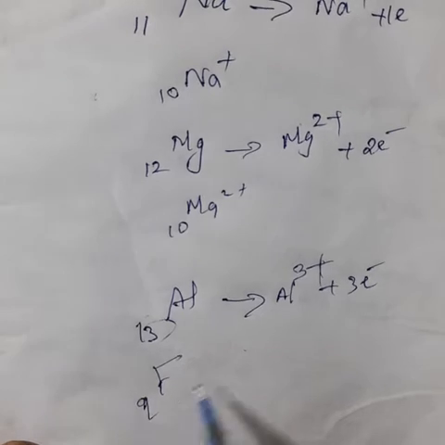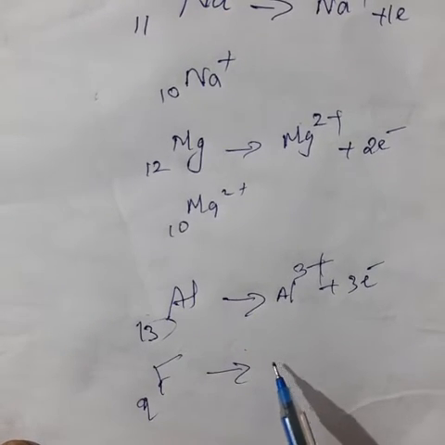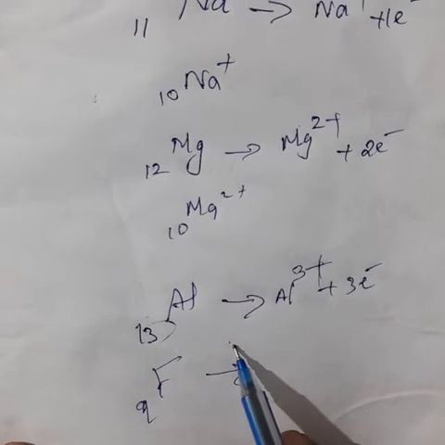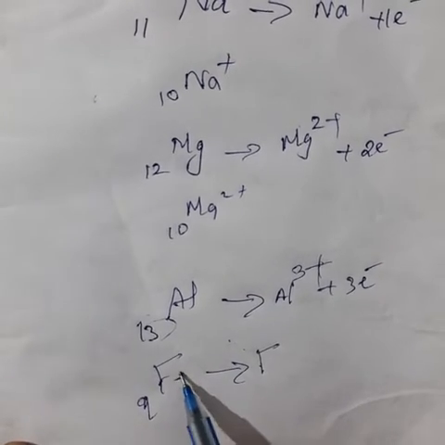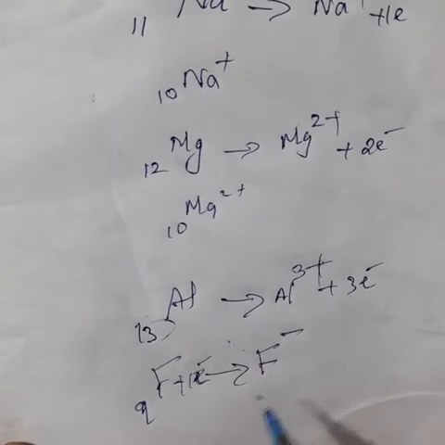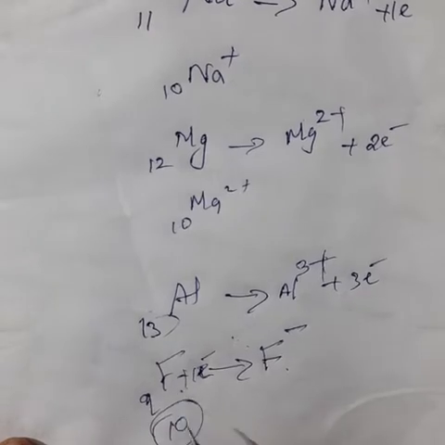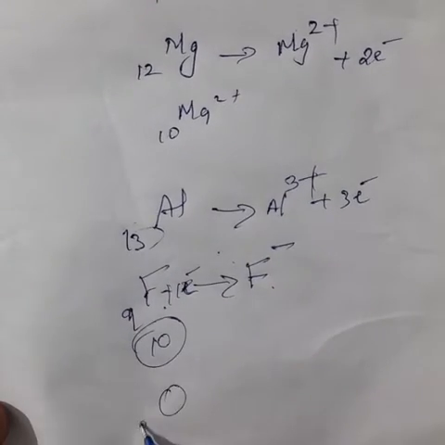Like that, fluorine has atomic number 9. F minus means 1 extra electron, so 10 electrons; it gains 1 electron from another atom. Oxygen has atomic number 8, electronic configuration 2, 6.